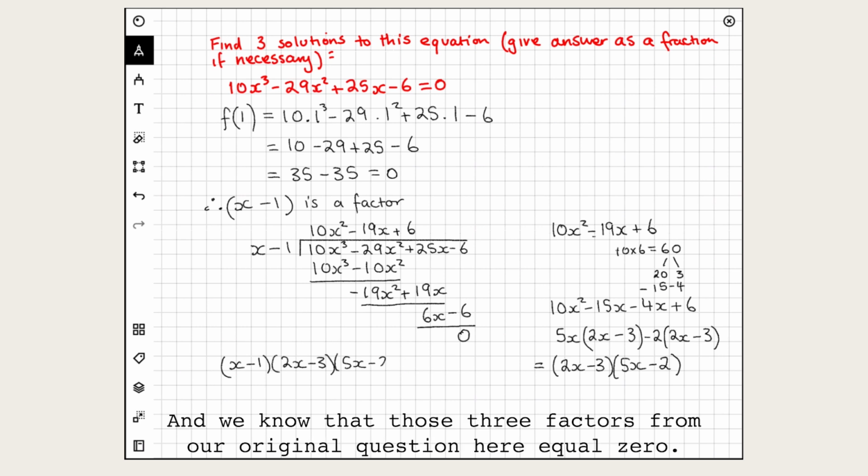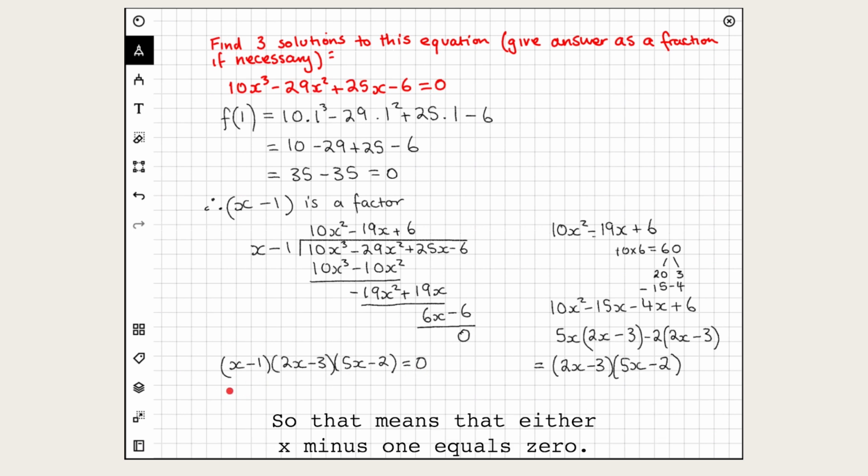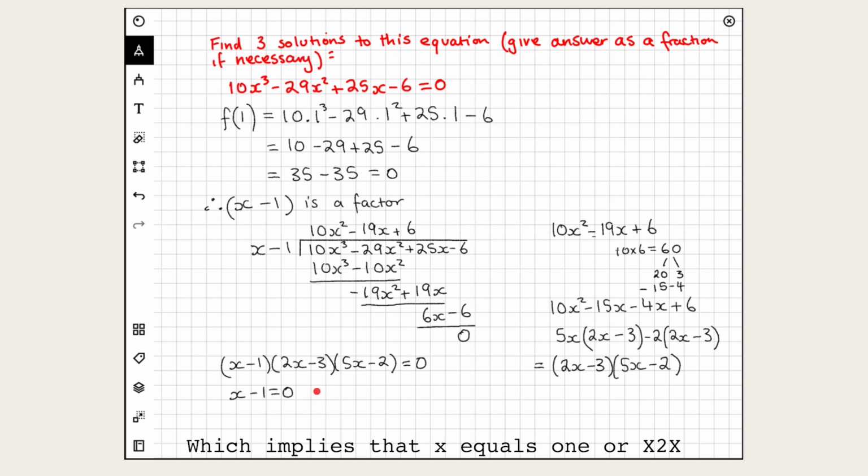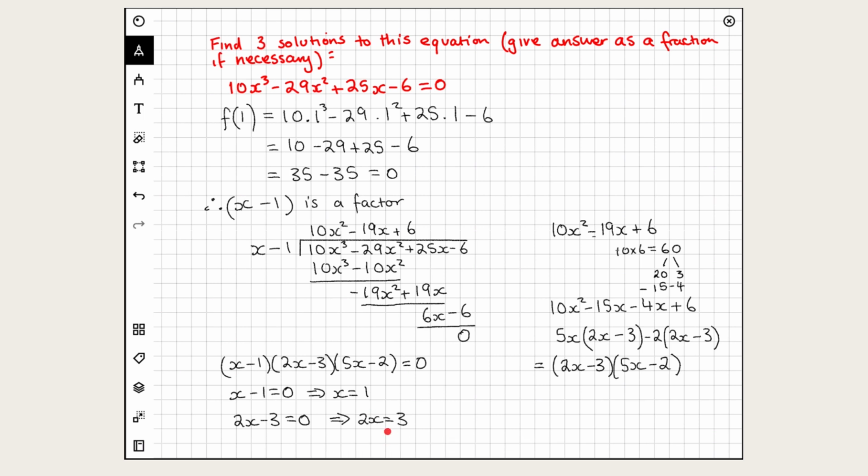And we know that those three factors from our original question here equal 0. So that means that either x minus 1 equals 0, which implies that x equals 1, or 2x minus 3 equals 0. So that would imply that 2x will equal 3 and that x will equal 3 over 2.